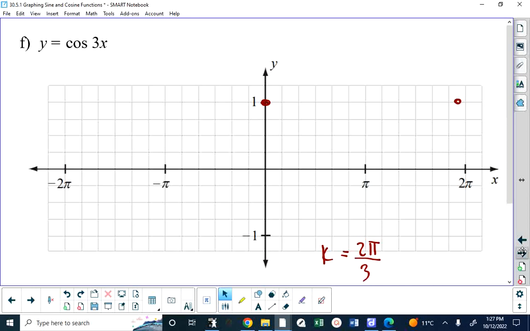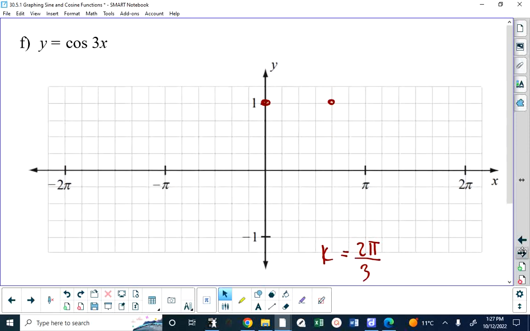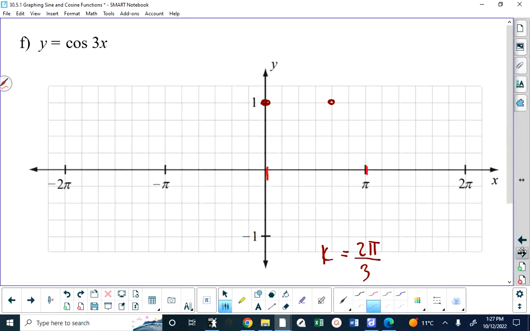Well, 2 pi over 3 is 2/3 of pi. It's to here. Right, this distance from here to here is pi. There's 1/3 of pi. There's 2/3 of pi. I have to draw from that first brown point a curve that goes down and then down below and then up and up above. So it's going to reach the bottom halfway. It's going to cross the x-axis halfway.